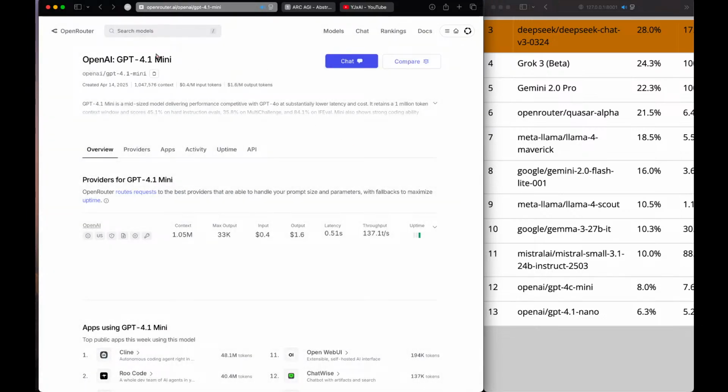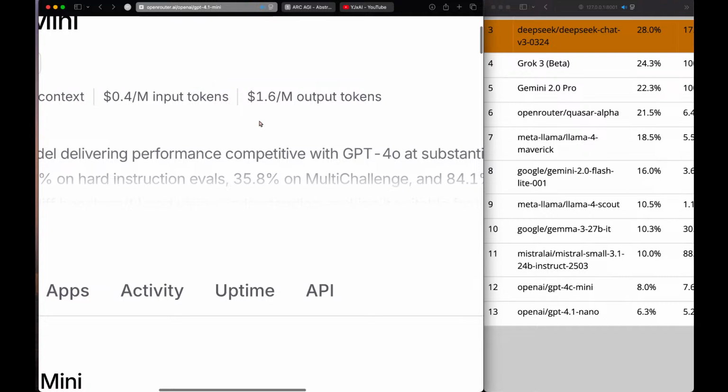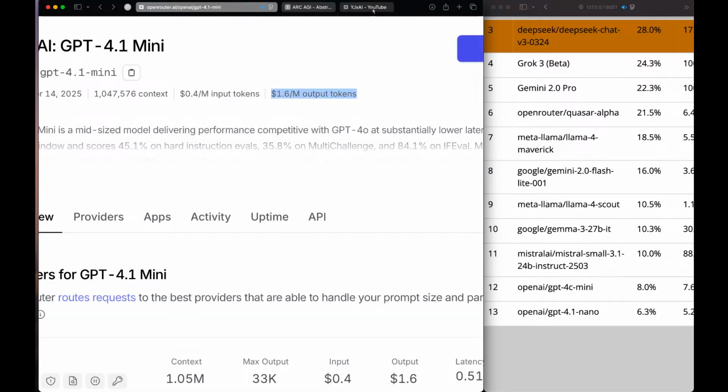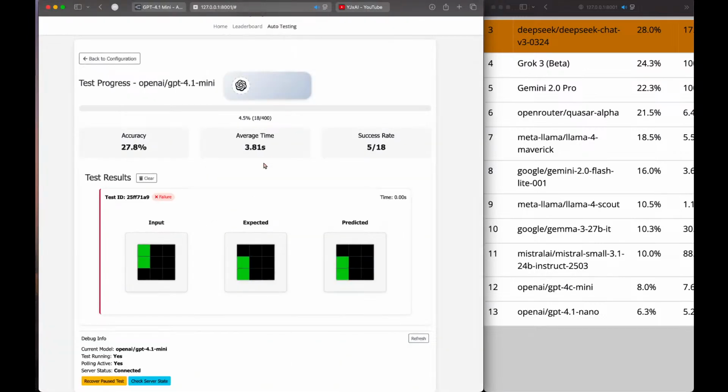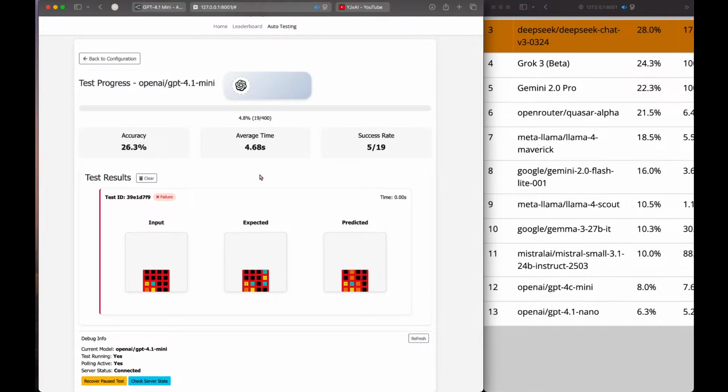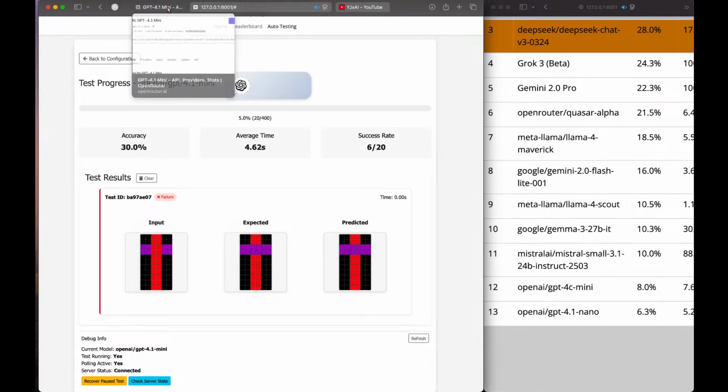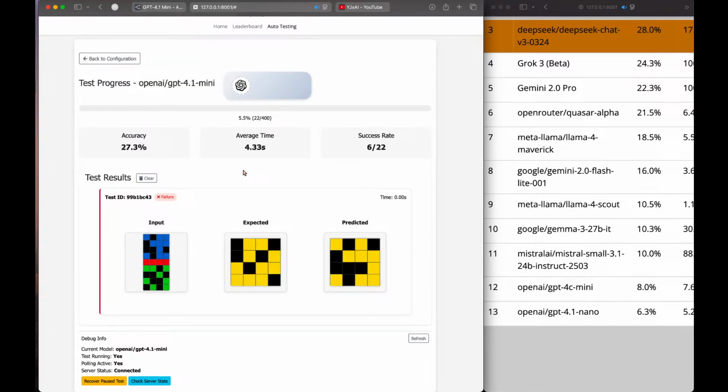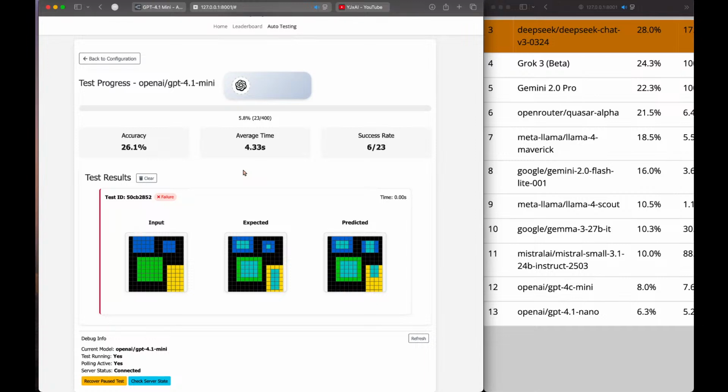So which model does GPT 4.1 Mini align with? We don't know. It is somewhere in the middle ground, I guess, with $1.6 per million on output tokens. Mistral is just a fraction of its cost.